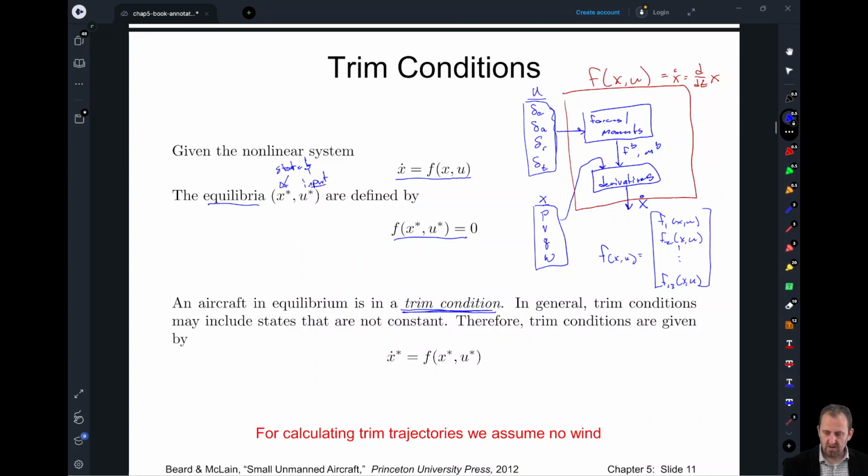We characterize it so that in the trim trajectory, all the time derivatives are constant. Recall that for equilibrium, we said all the time derivatives are equal to 0. For trim, we're not going to say 0, we're just going to say that they're constant.